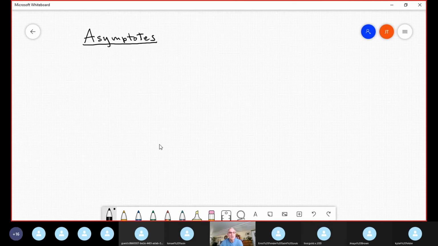What is that? An asymptote is a line, an auxiliary line that can help me understand the function. We have different kinds. We have vertical, we have horizontal, and we have slant.